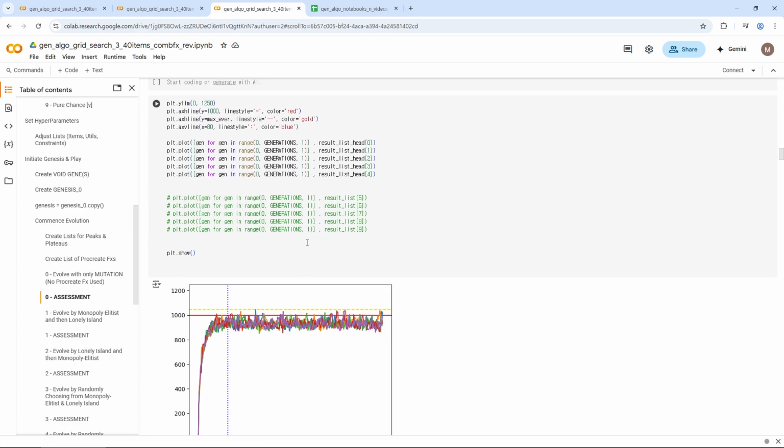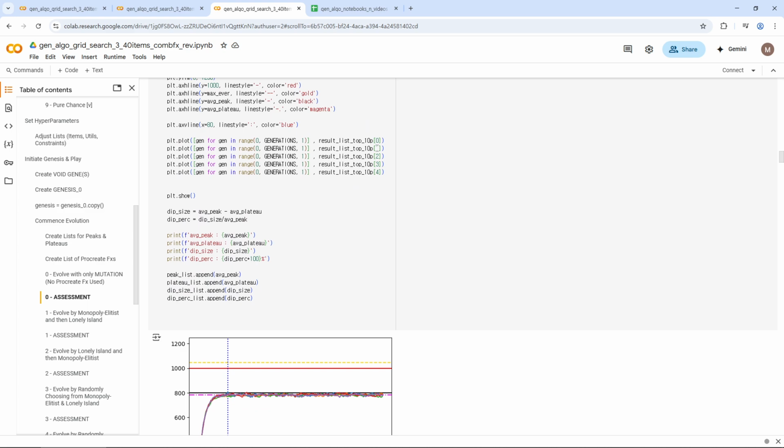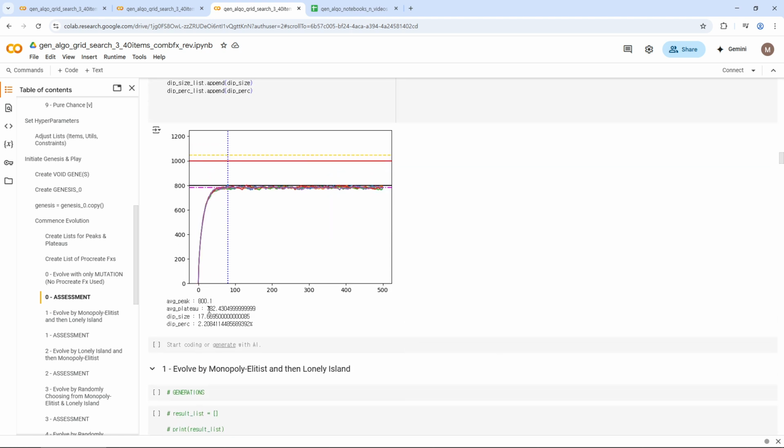Oh yeah, so here are the plots for the top 10%, the average of top 10%, and you can see that the sum utility values just go up and then plateau at around 800, like we've said. No, rather 782, and the average peak is 800.